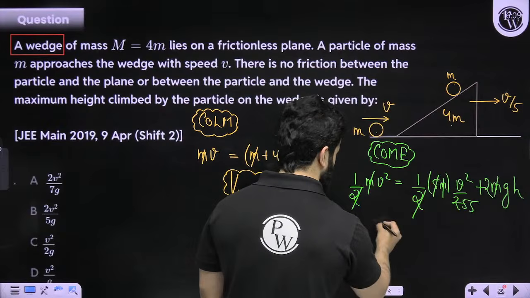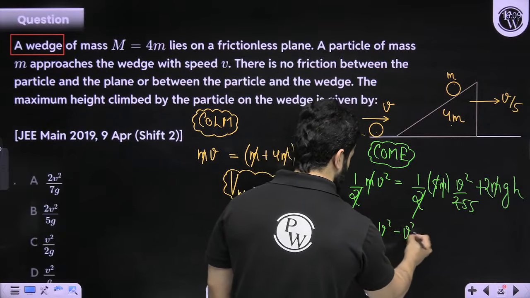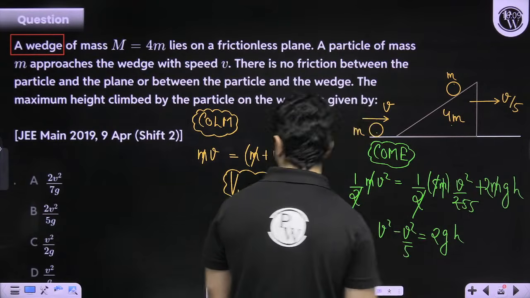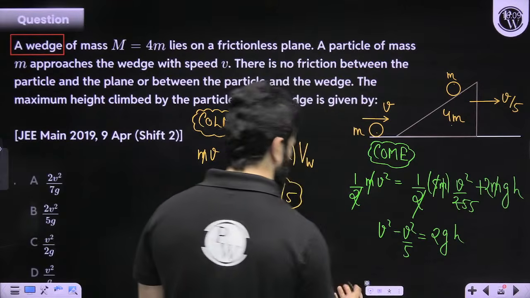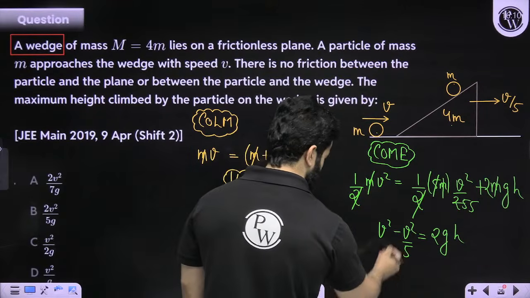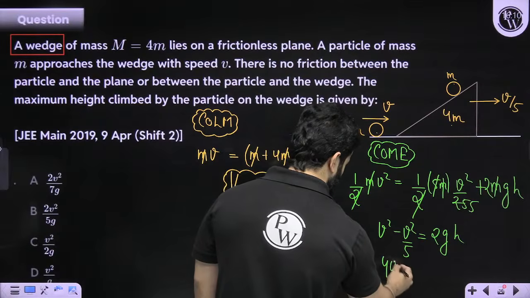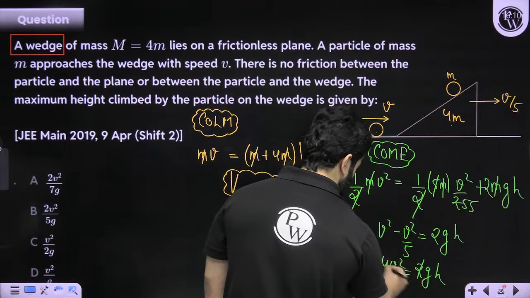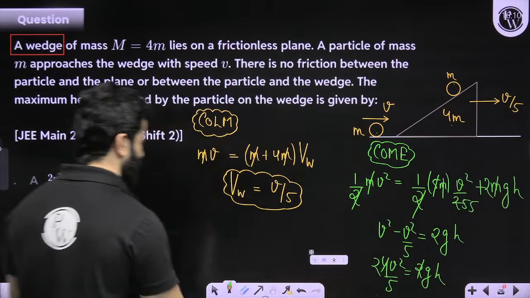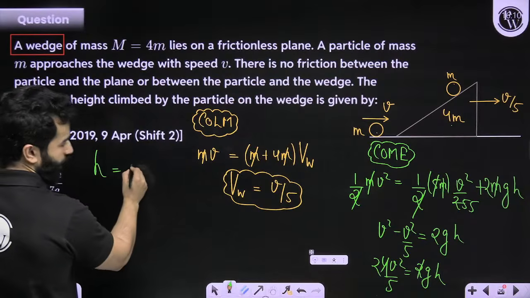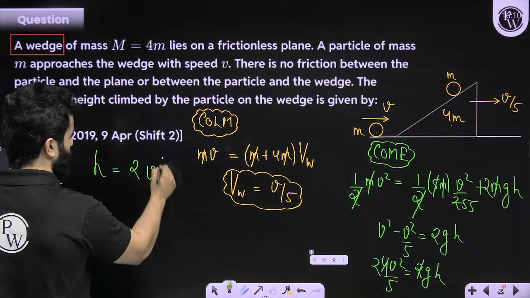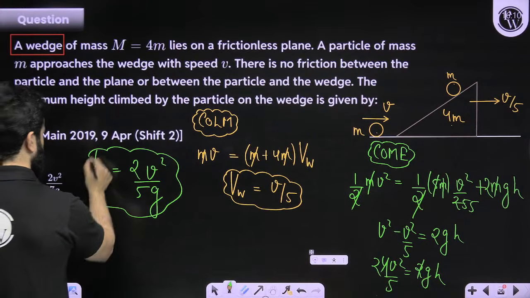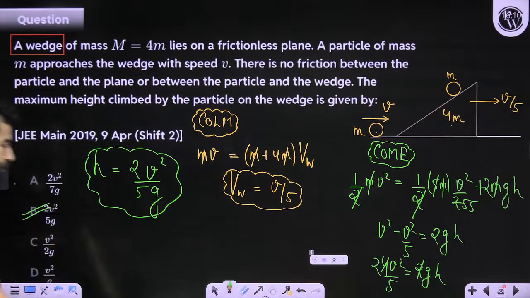So this will become v square minus v square by 5 is equal to 2g into h. So we have 4v square by 5 is equal to 2g into h. So h will become 2v square by 5g. 2v square by 5g, option B is correct.